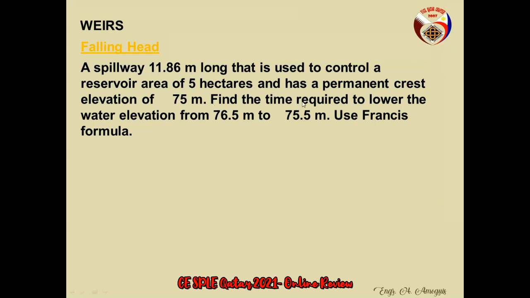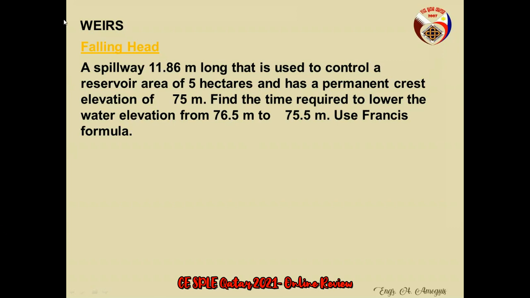These are the things done by people in irrigation, the National Irrigation Administration, for the rice fields. Permanent crest elevation 75. Find the time required to lower the water elevation from 76.5 to 75.5, so a 1 meter drop. Use Francis formula.